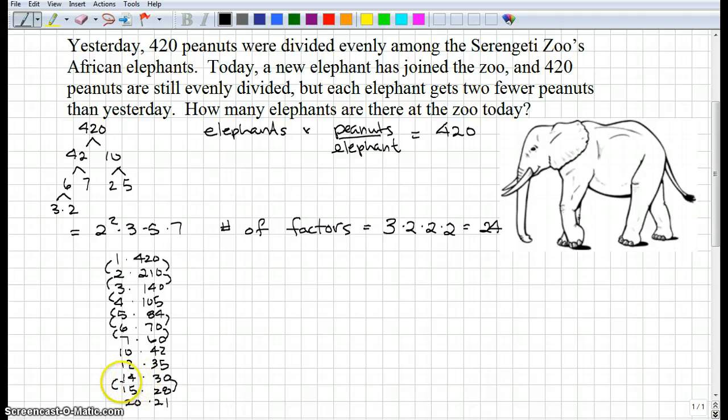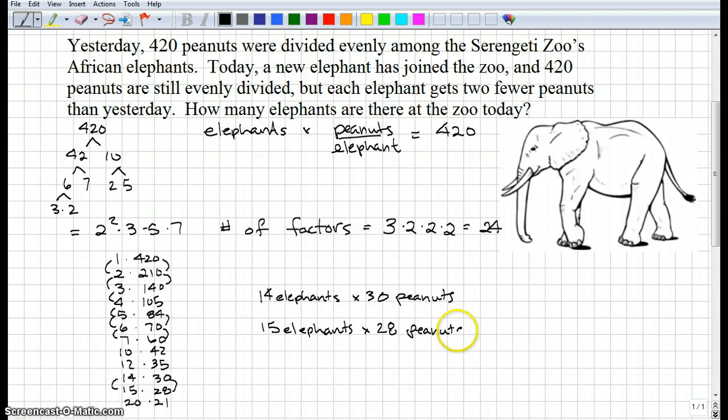So yesterday we had 14 elephants, and they each got 30 peanuts. And then today we have 15 elephants, and they each got 28 peanuts.